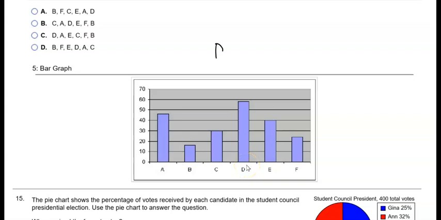The D bar must be on the left, and the next bar must be A, which is next higher, and the next must be E. If you look at the options here, your answer is going to be D, A, E. Next has to be C, next has to be F, and the rightmost bar must be B. So C is the answer. To make a Pareto chart, the bars must be drawn in this order: D, A, E, C, F, B.